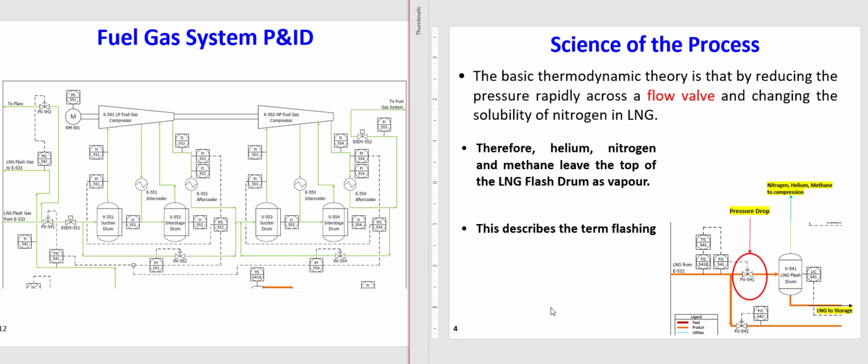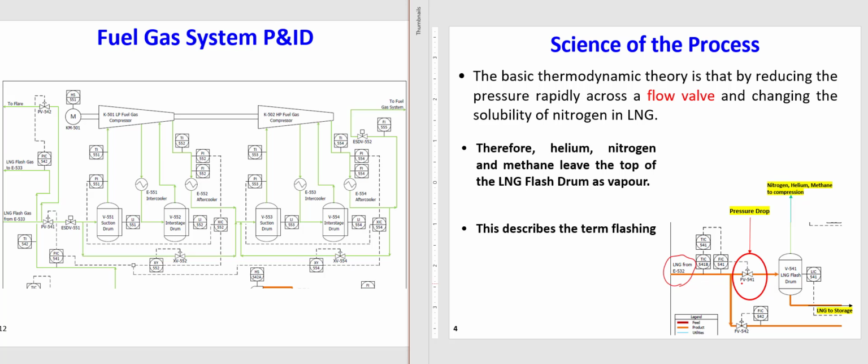Then, okay, what's the process? The science of the process is very simple. It's basic thermodynamics: we use a Joule-Thomson valve, an expansion valve, that you can see here. So we have our LNG products from the main cryogenic heat exchanger at very low temperature.